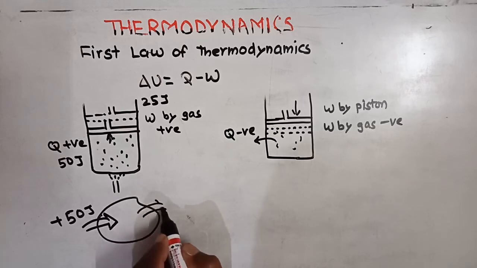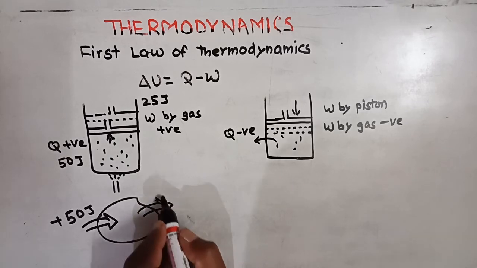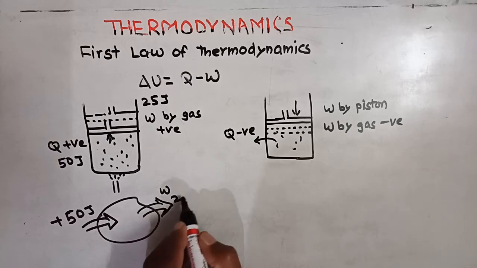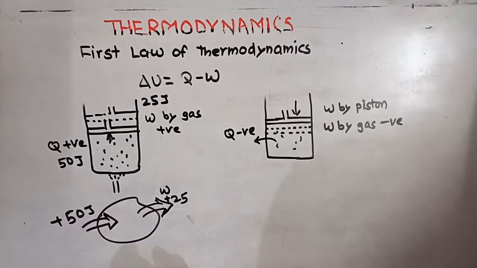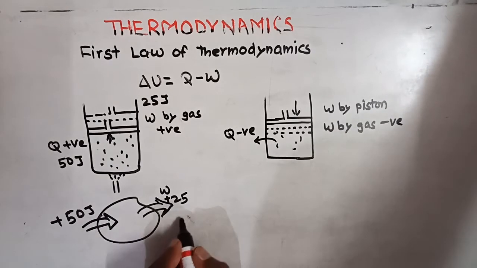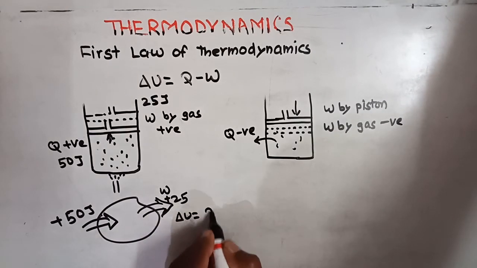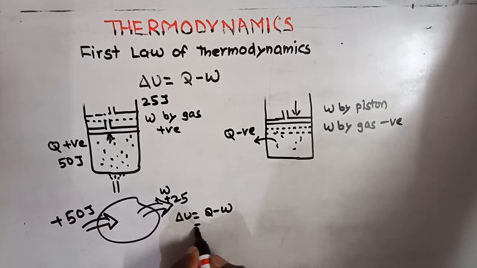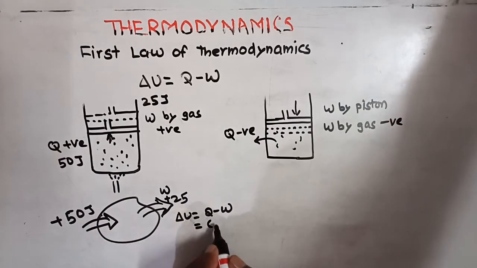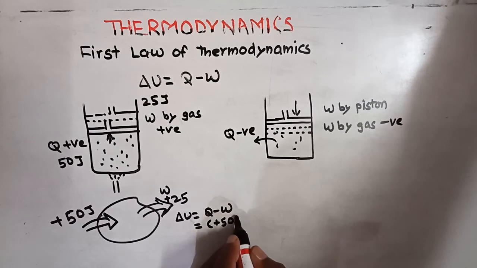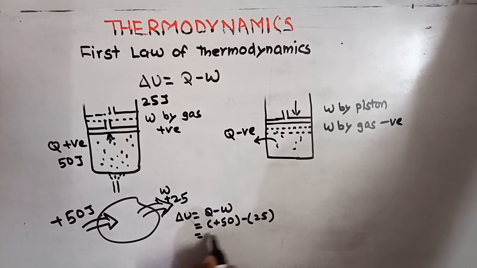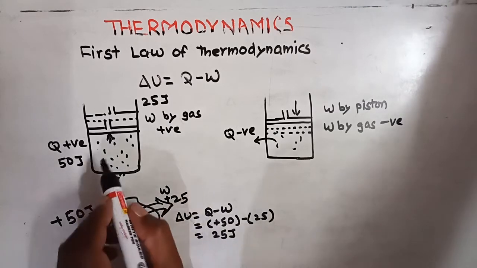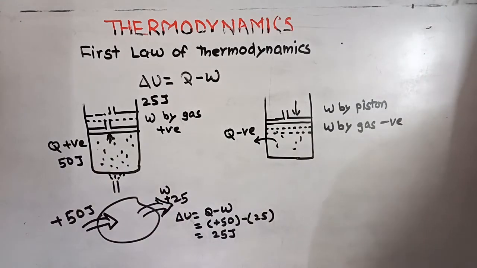The work done by the gas, W, is 25, and 25 is again positive. What is del U? Del U is equal to Q minus W. What is the value of Q? Q is positive 15 joule minus W, positive 25 joule. 15 minus 25 is equal to minus 10 joule.